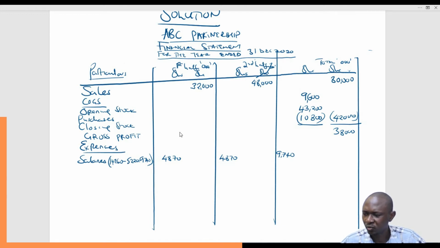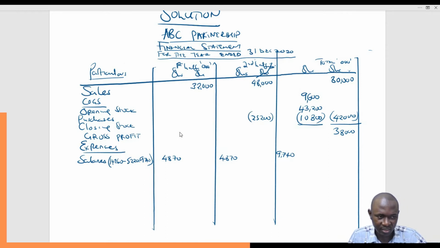So in our case, 42,000 times 0.6, because the second half was 60%. So we'll say the cost of sales for the second half is 25,200. And this is 60% of this.